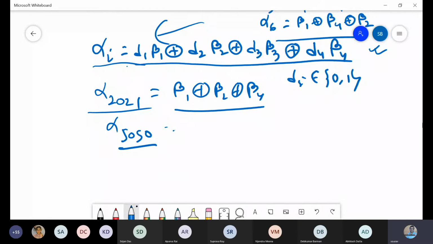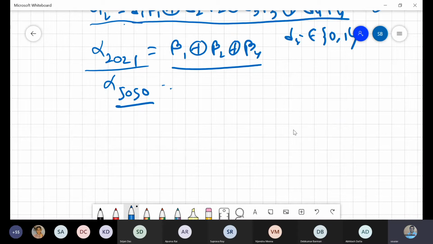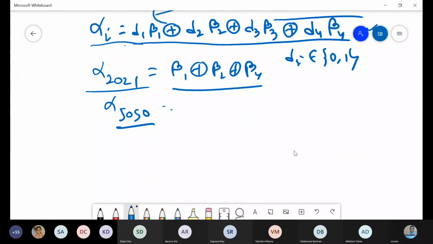We know these alphas are nothing but a linear combination of these betas. That is somewhat dangerous from the attack point of view. So what attack can this adversary, Oscar, mount?